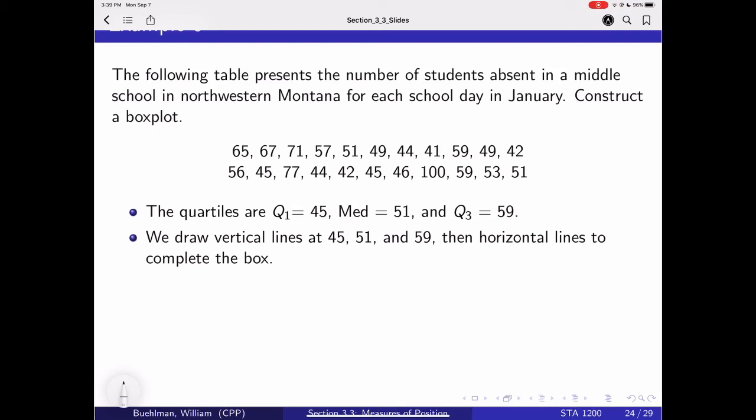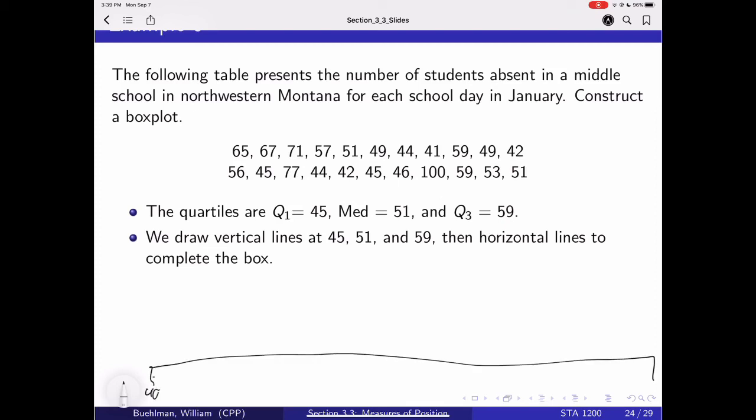Remember that the quartiles were Q1 equals 45, the median, which is Q2, equals 51, and Q3 equals 59. So in order to draw the box plot, we're going to have to draw vertical lines at those points. But first, let's get a scale going. So let's do that down here.